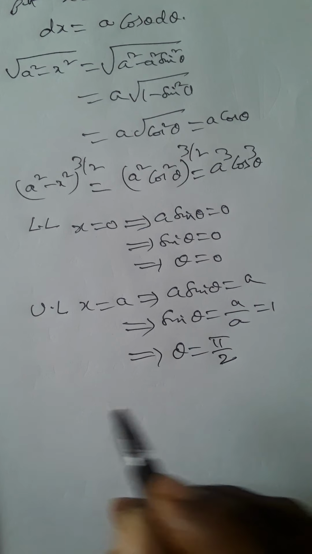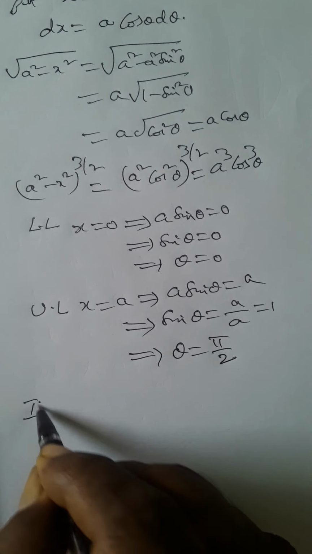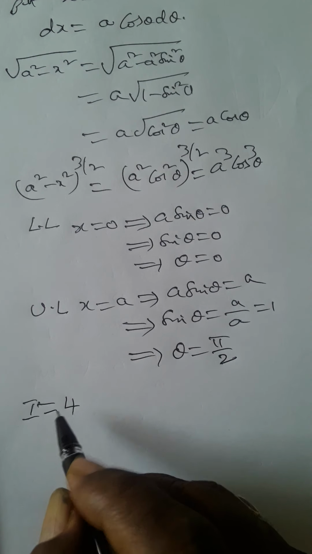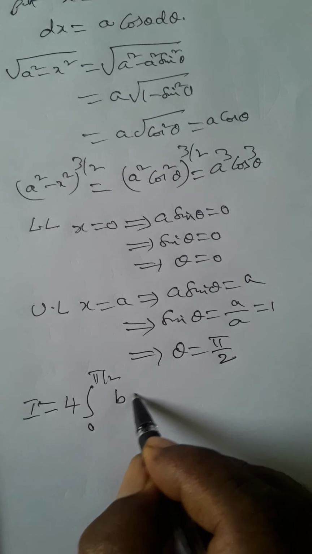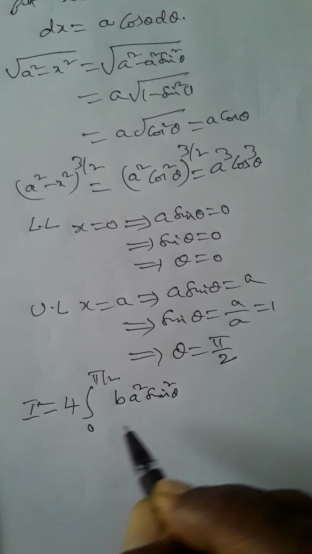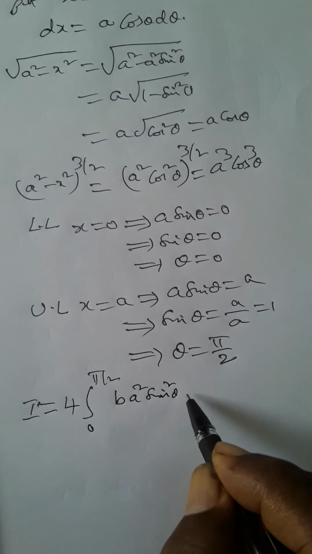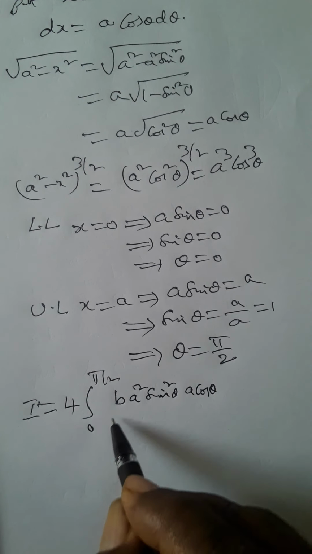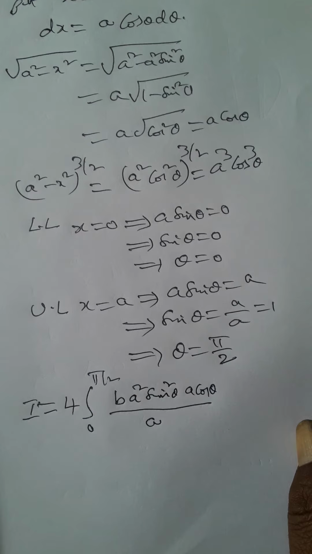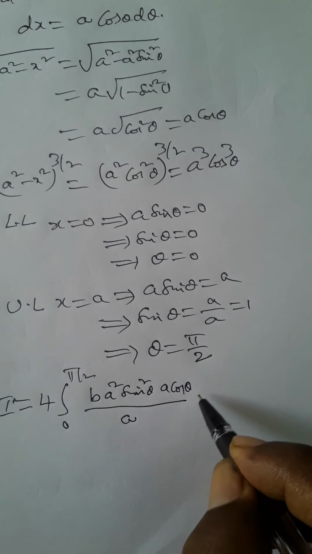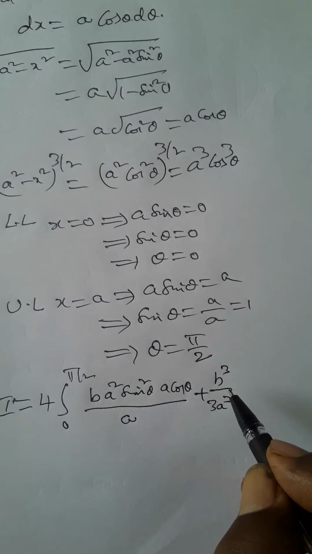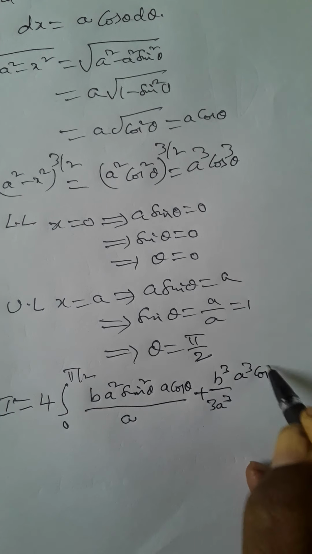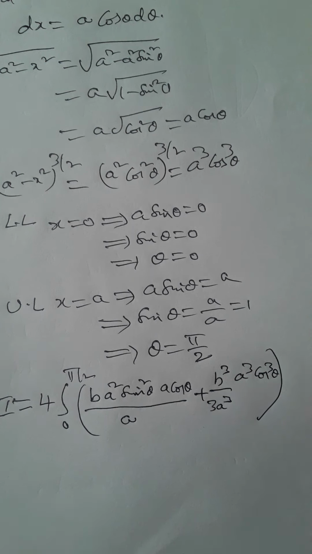Therefore, the above I becomes I is equal to 4 integral 0 to pi by 2 of b times a square sin square theta times a cos theta by a, plus b cube by 3a cube times a cube cos cube theta, times dx which is a cos theta d theta.